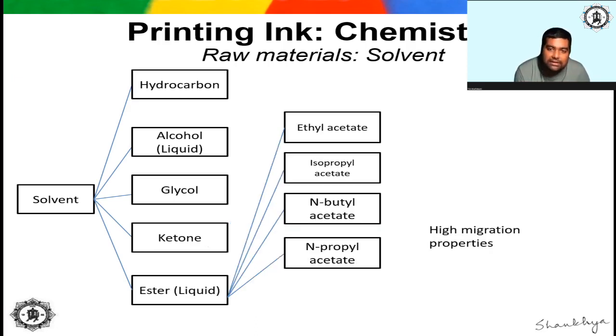Okay, and then we have ester. Esters have got high migration. I will talk about migration at a later stage, but basically migration is the tendency of the solvent component of the ink to penetrate the packaged surface and enter into the packaged material.